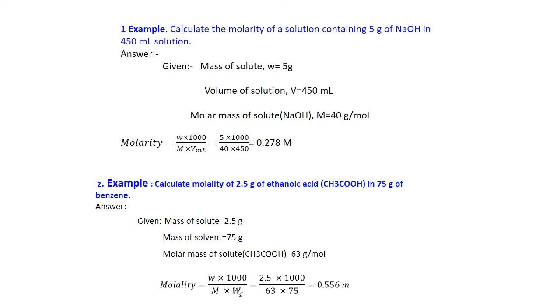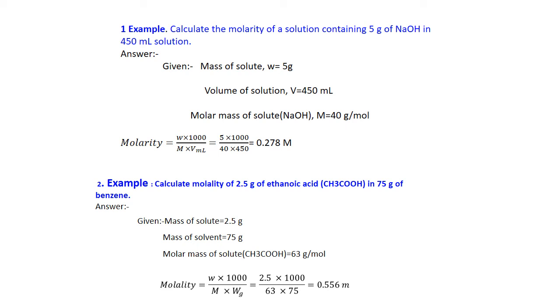Now we can have some examples. Number 1, calculate the molarity of solution containing 5 gram of NaOH in 450 ml solution. We must first find out what is given in the numerical. In this case, 5 gram of NaOH, that is the solute.